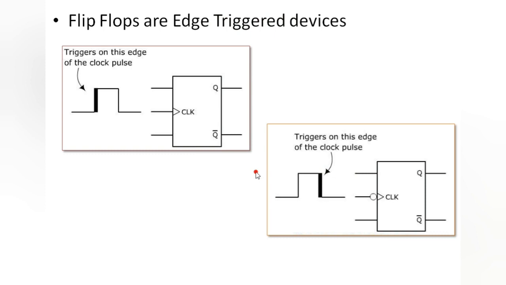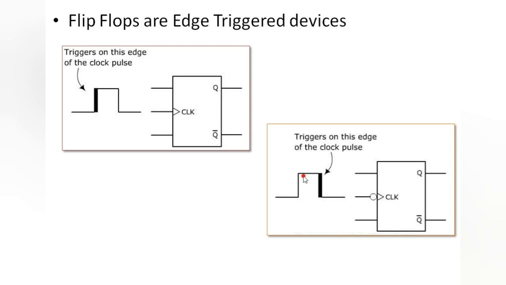Observe here, we have already mentioned flip-flops are edge-triggered devices. Here I am mentioning edge-triggered. This is positive edge-triggered because it is 0, it is 1. It goes from 0 to 1, so it is a positive going edge.